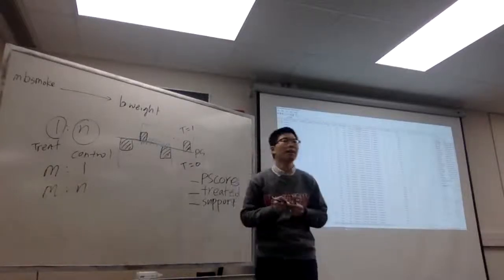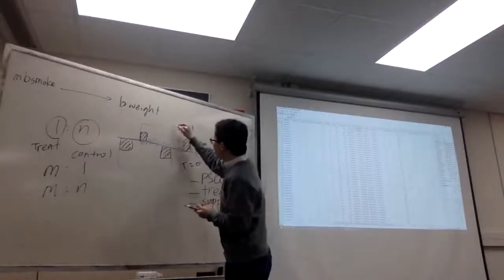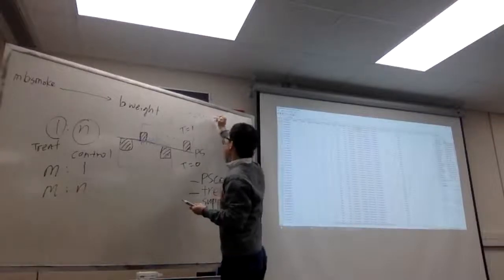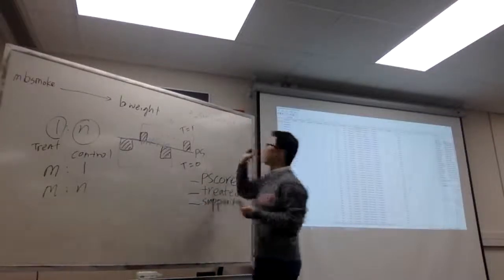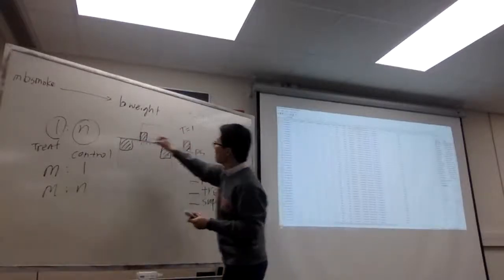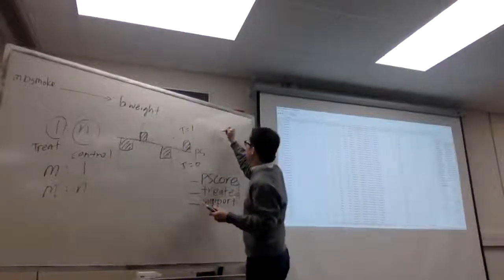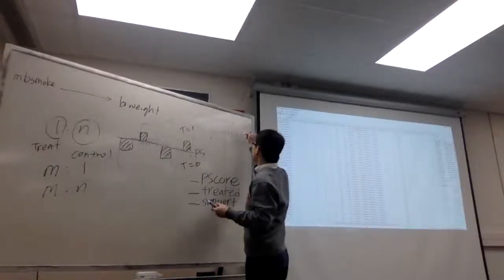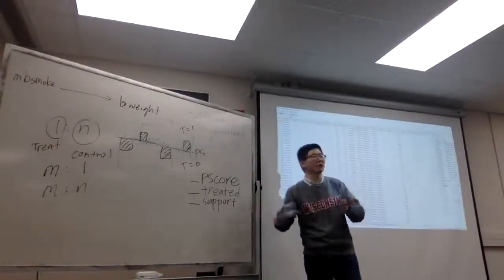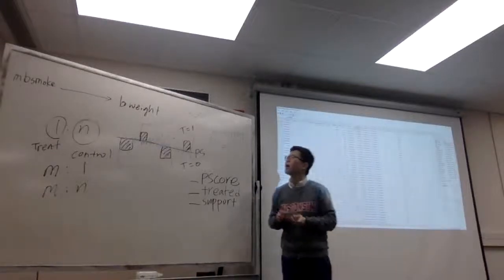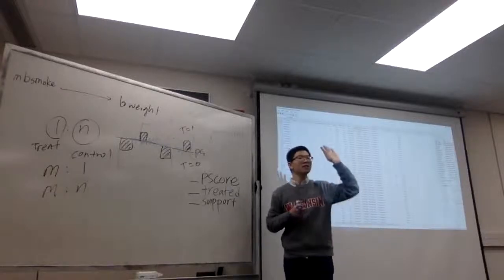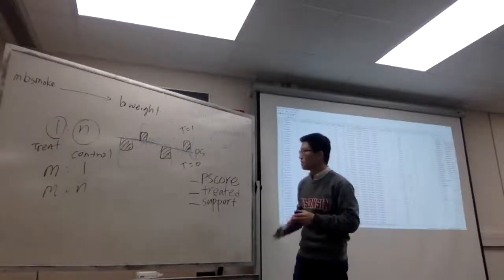So the support variable will have 1 for these observations, and for these observations, support will be 0 because they are not commonly supported. Good? Any questions? All right.